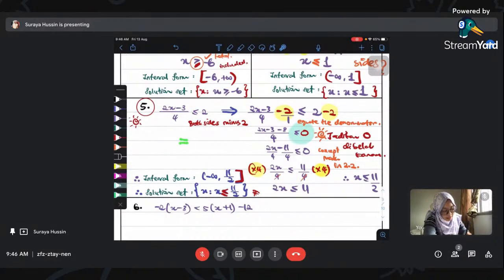Apabila dia equal, baru you boleh cross multiply. Tetapi sekarang ni kita tengah buat apa? Kita tengah buat 2.2. 2.2 adalah inequality. So, bila inequality, you cannot terus cross multiply sesuka hati. Okay? Memanglah kalau you buat pun cross multiply kat sini, you dapat jawapan sama.